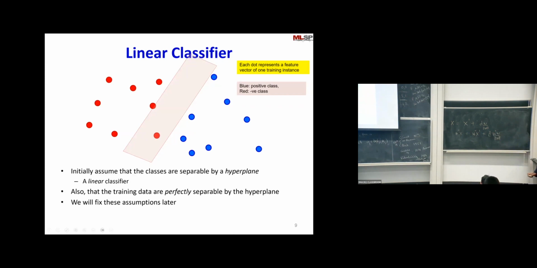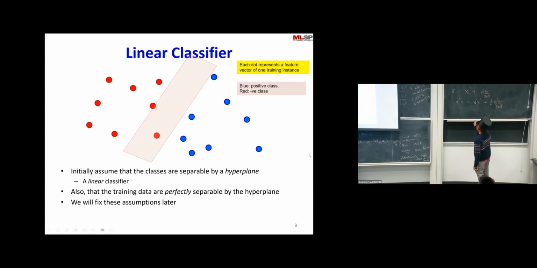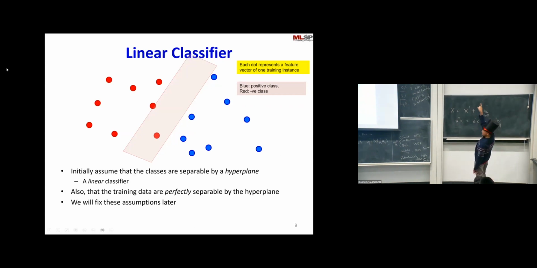W transpose x prime is 0, because x prime is on the plane that goes through the origin, perpendicular to W. So W transpose x prime is 0, right?